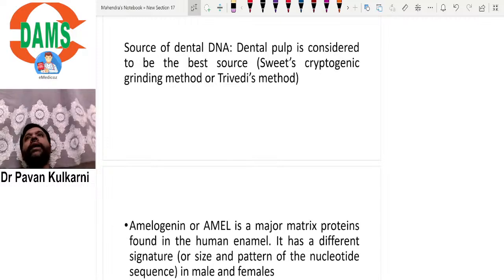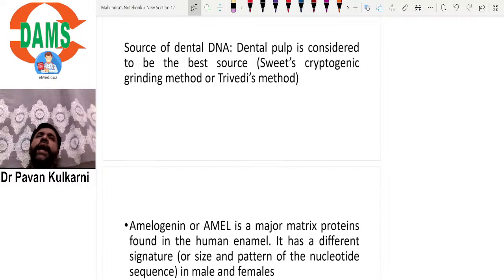However, to overcome this, an Indian scientist called Trivedi, popularly known as Trivedi's method, disproved this cryogenic grinding method, and he described a very conservative way of dental DNA extraction from the pulp.